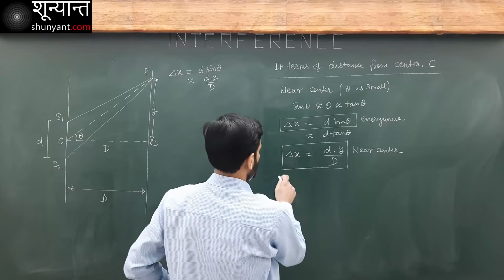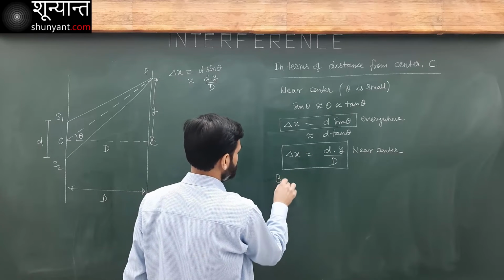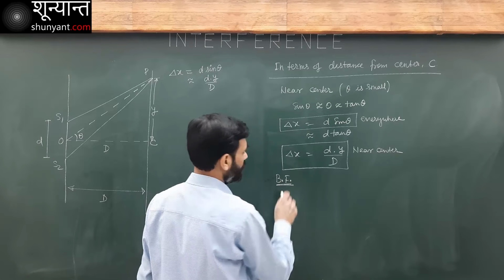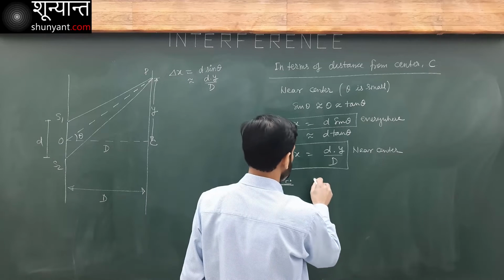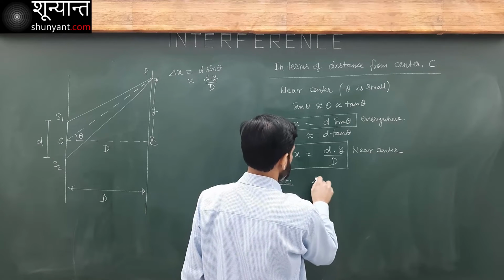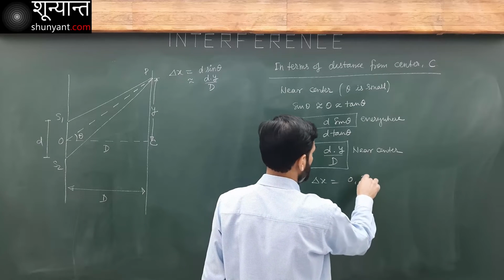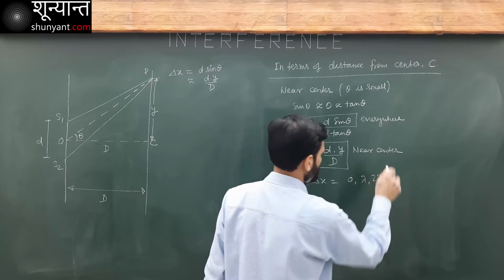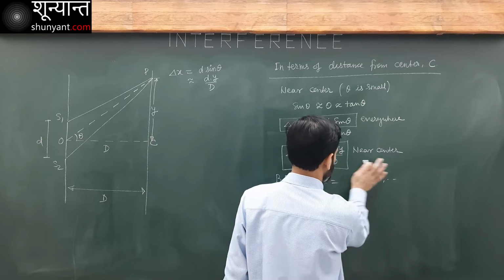Now, what will be the position of bright fringes? Delta x should be equal to 0, lambda, 2 lambda, and so on. It is equal to n lambda.